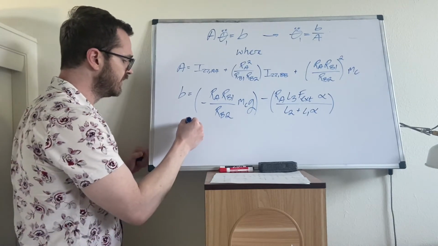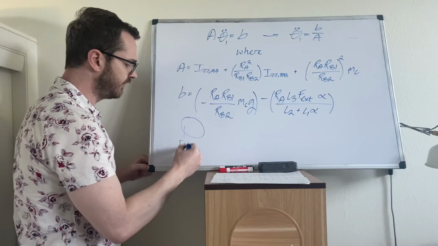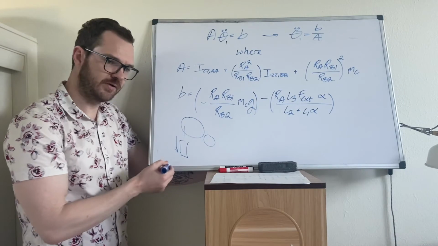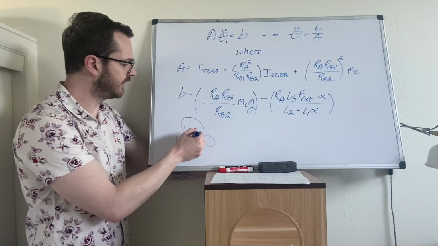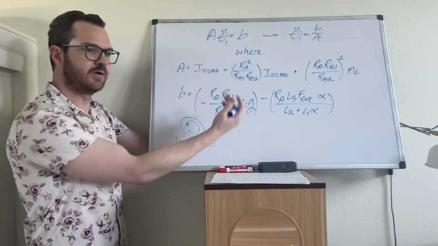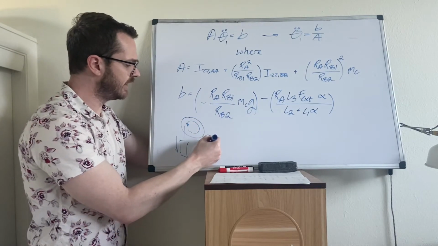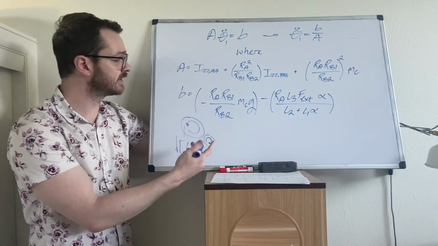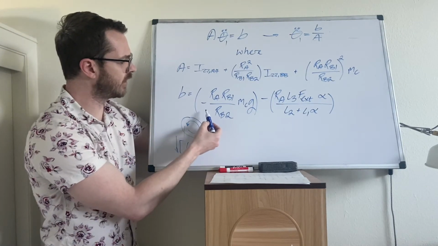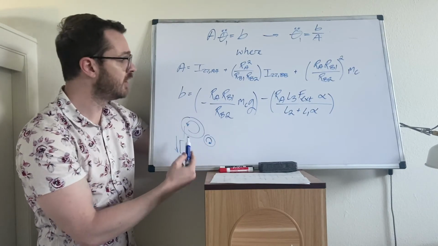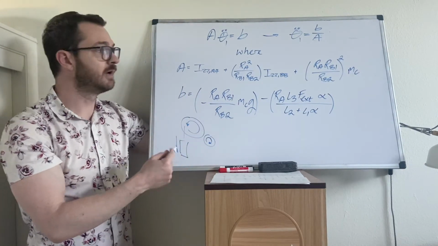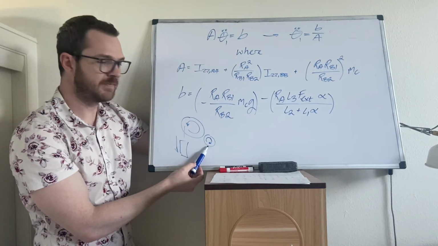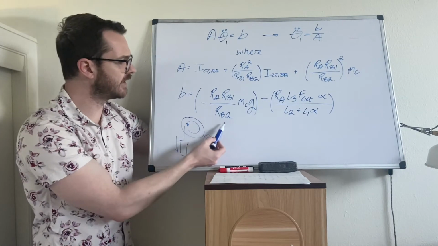Why is it negative? Well, we can go back to the diagram for the system, and the weight of the block wants to pull the block down, which means that it wants to make disk B rotate in a positive direction, and disk B would then make disk A rotate in a negative direction. So the weight of the block is creating a negative moment on the disk, regardless of what the system is doing. We're trying to bring this system to a stop, and we can see that the weight of the block is causing this disk to accelerate in the negative direction.